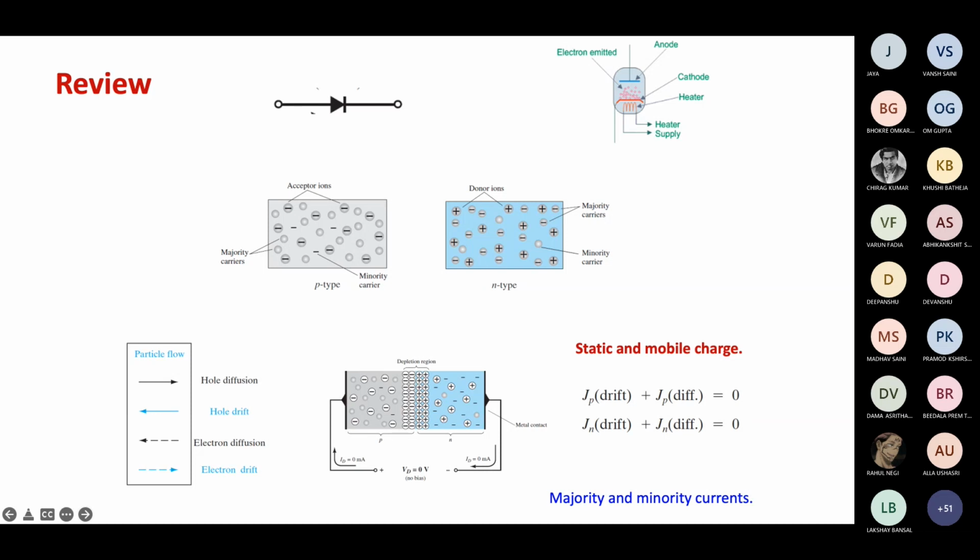And there is another concept, the concept of steady state. What is steady state? No additional increase or decrease in the process. Yes, exactly. Somebody else? When the rate of any process becomes constant.